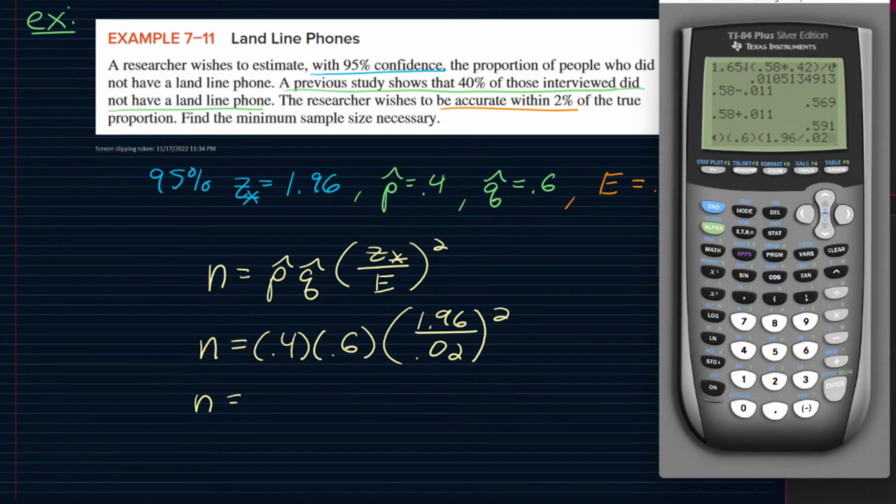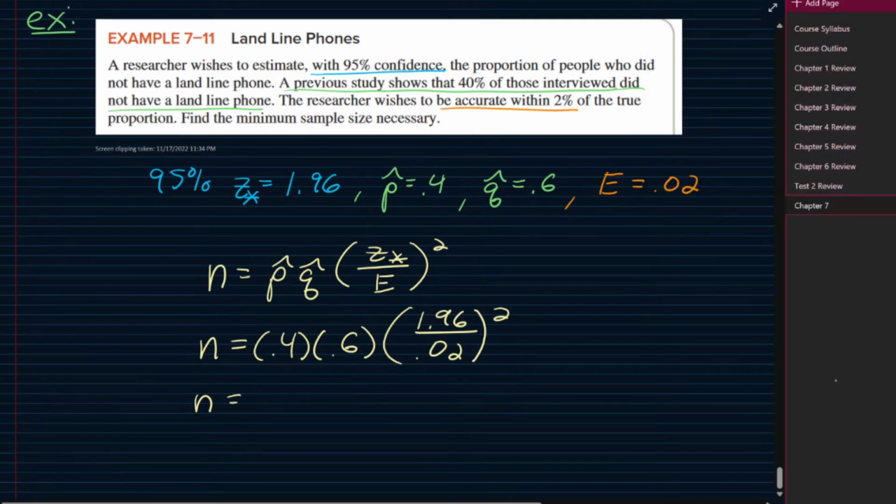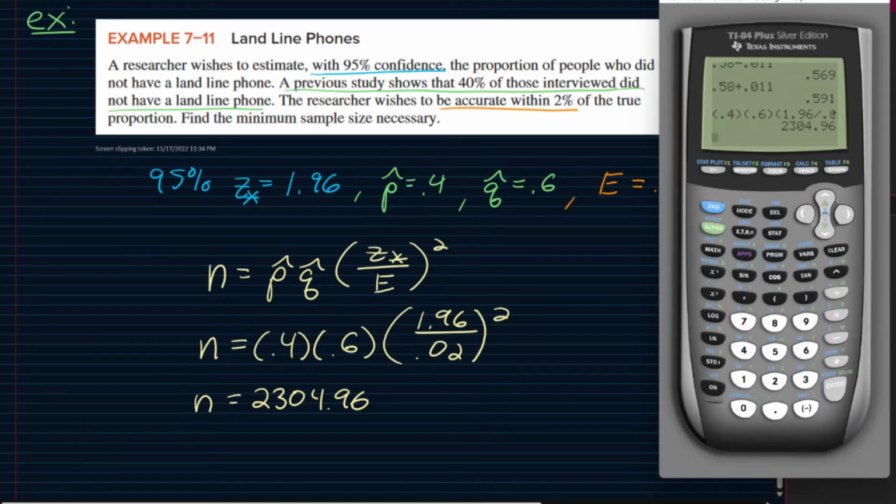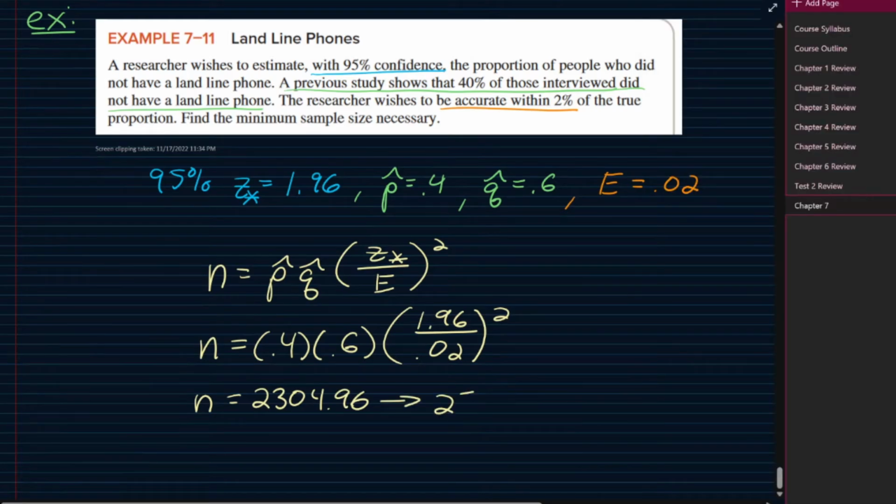We get 2304.96, which we round up to 2305. And that would be, in this case, the minimum number of respondents needed to get an accurate estimation.